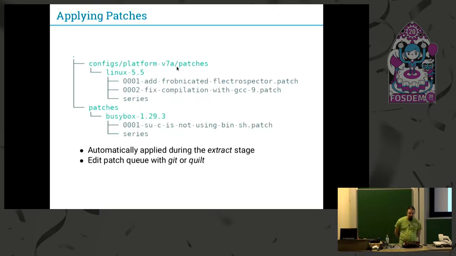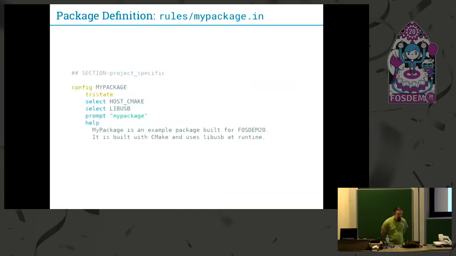But you can also put it in there and have it for all the platforms which you want. So you can edit this patch stack by using quilt or git after extracting the package and then changing to the package directory where it's extracted. Okay, this is what I wanted to tell, how a package looks like on the inside.